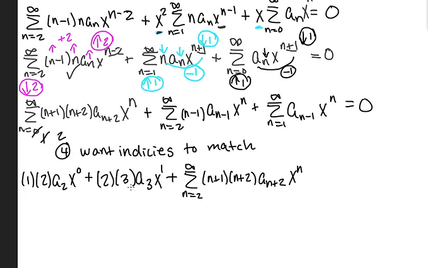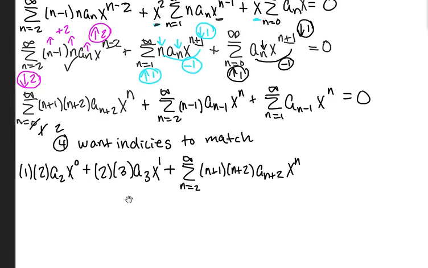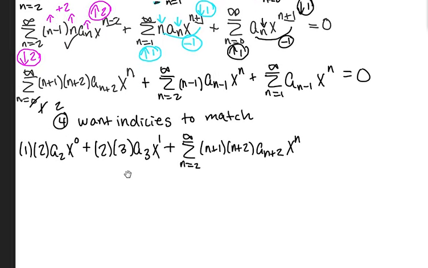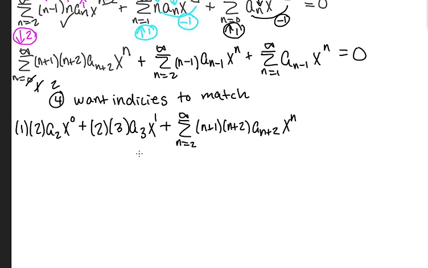Okay, so then we write it out. Alright, so then this is done. This one already is at n equals 2, so let's just write that out. Okay.